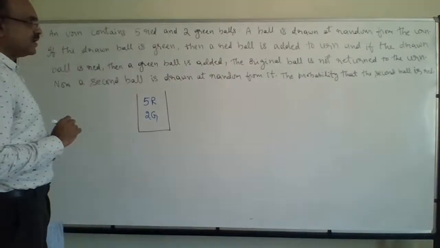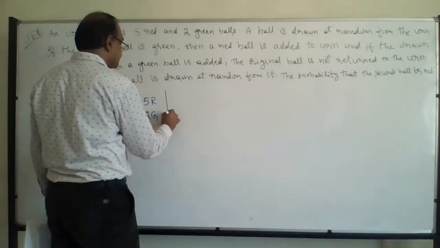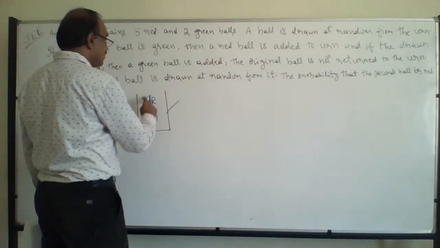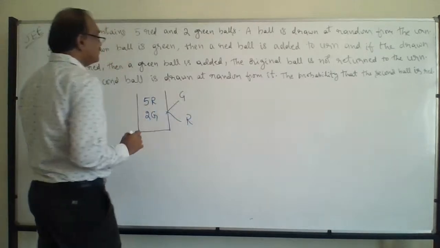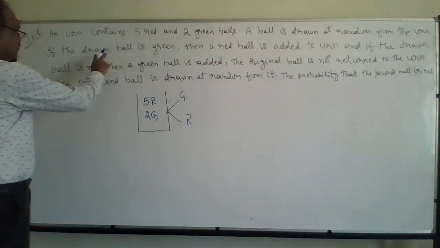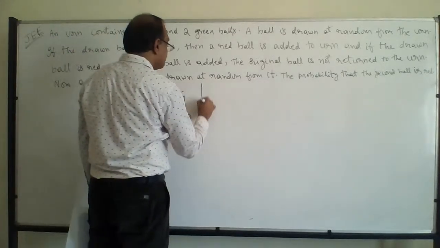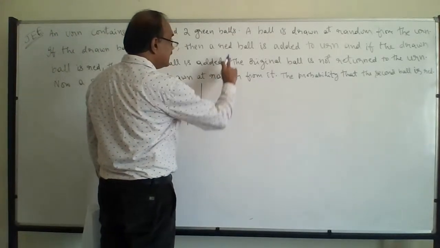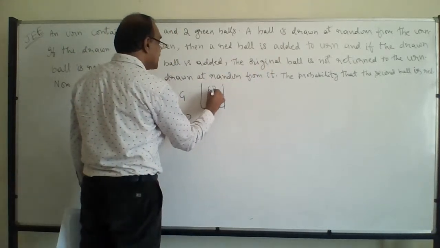A ball is drawn at random from the urn, meaning you may get a green ball or you may get a red ball. If the drawn ball is green, then a red ball is added to the urn. So red becomes 6 red.